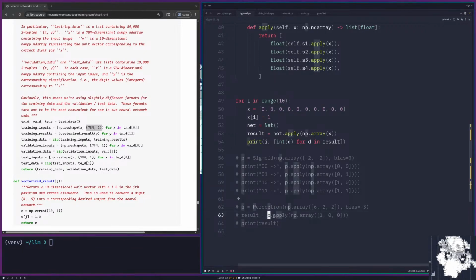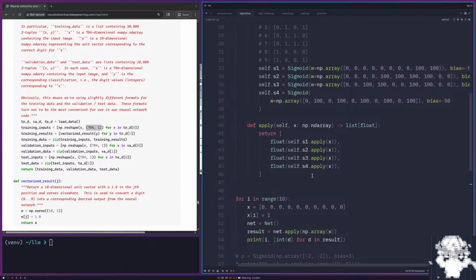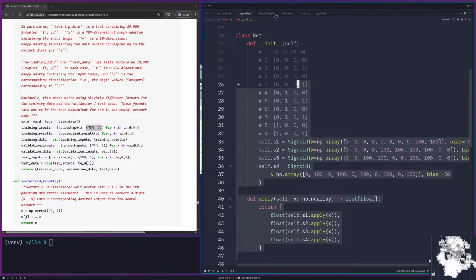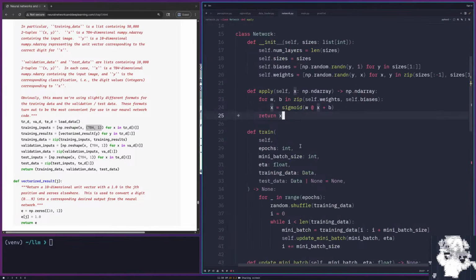I'm applying it on a NumPy array, which is not going to work unless you, oh. No, it looks like I'm not handling that in the Sigmoid, so that must have been in network.